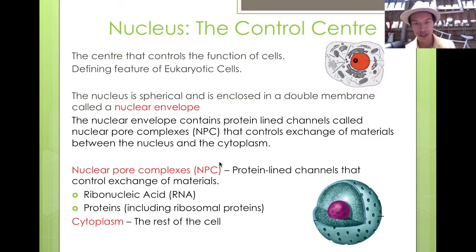So the NPCs are protein-lined channels and control the exchange of materials, mainly things like ribonucleic acid, like RNA, and also proteins, including ribosomal proteins, from within the nucleus to the rest of the cell. Yeah, so it is that kind of boundary. Think of the cell membrane for the nucleus, okay?